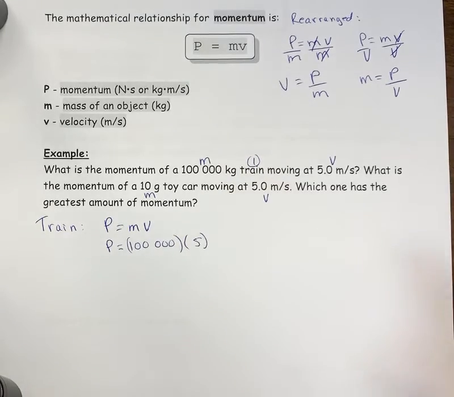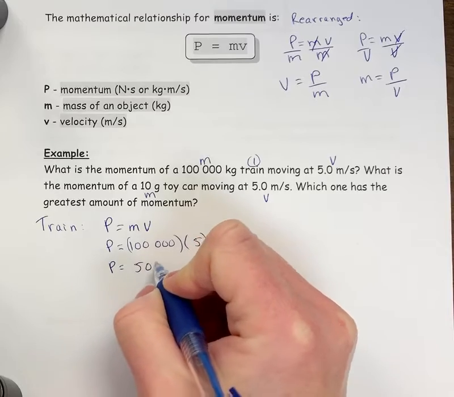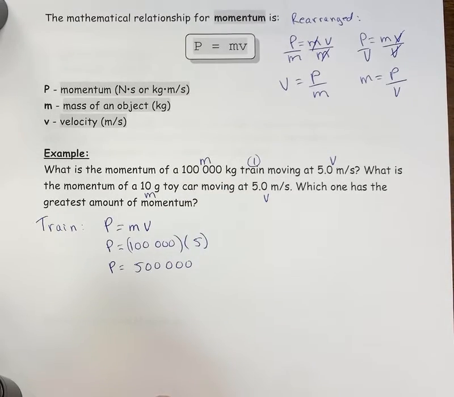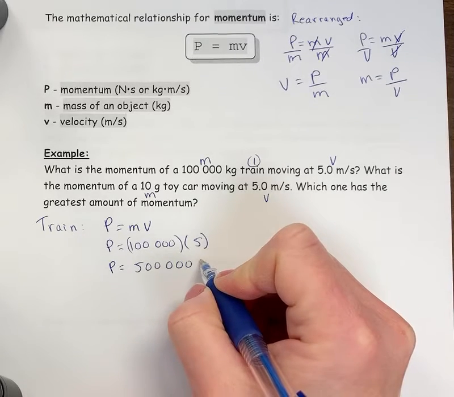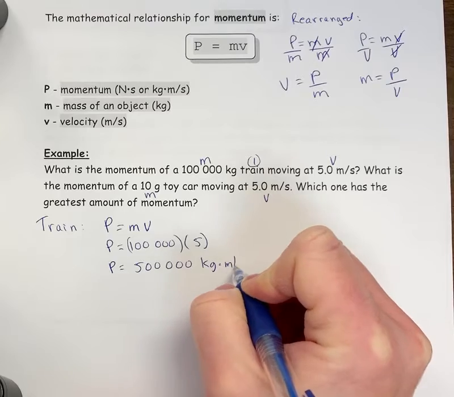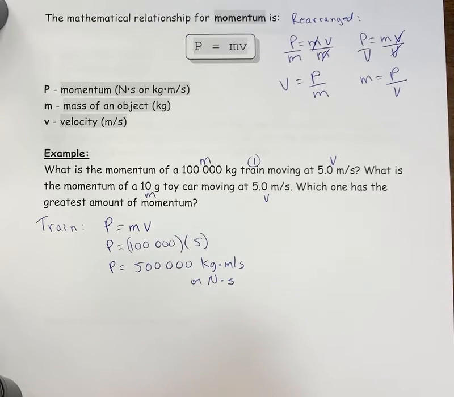So in your calculators, take 100,000 times 5, and you're going to get 500,000. A lot of you probably didn't need a calculator. You can put kilograms times meters per second or newton seconds for your units.